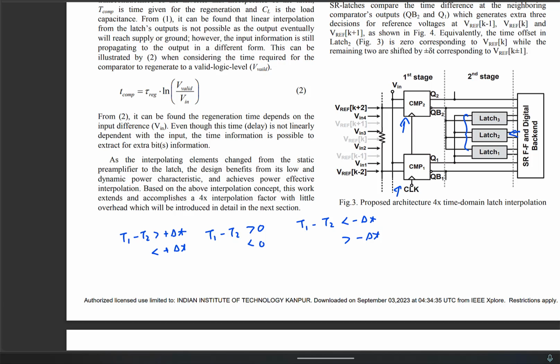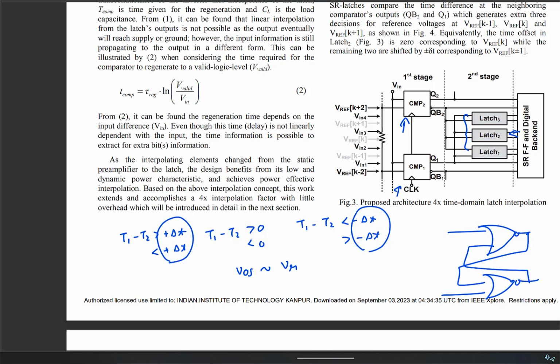And the way the latch checks if the delay is greater than delta t or minus delta t is as follows. So recollect, we saw for the comparator, we can intentionally introduce an imbalance in the 2 differential halves to make the offset equal to a reference voltage. Now you take an SR latch, that is also a differential case with cross coupling.